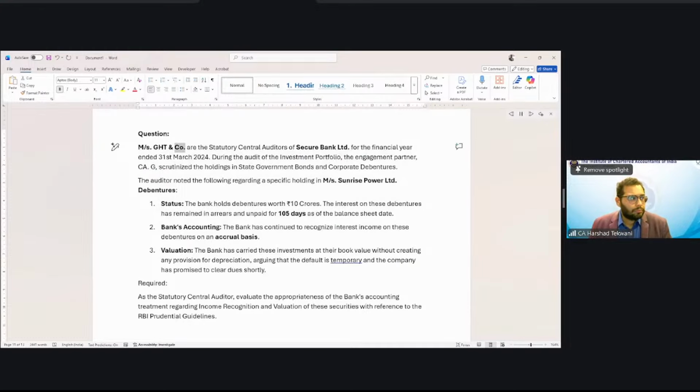M/s GHT and Co. are the statutory central auditors of Secure Bank Limited for the financial year ended 31st March 2024. During the audit of the investment portfolio, the engagement partner, CAG, scrutinized the holdings in state government bonds and corporate debentures.